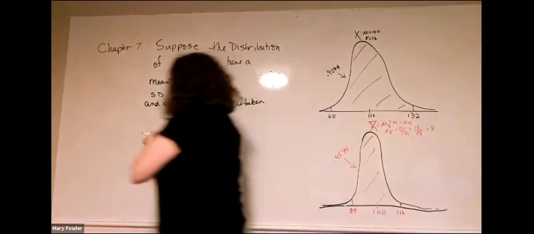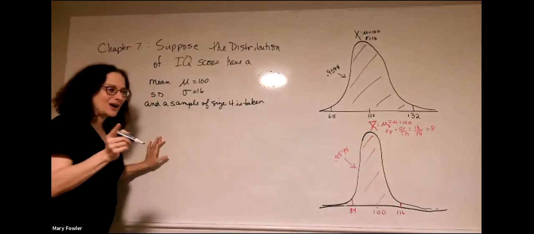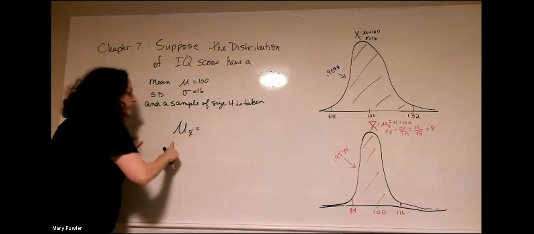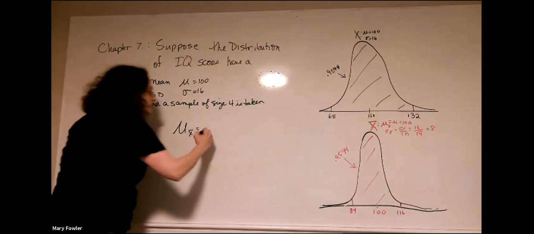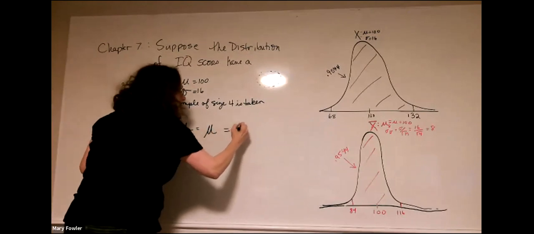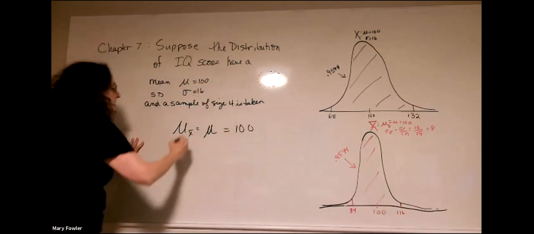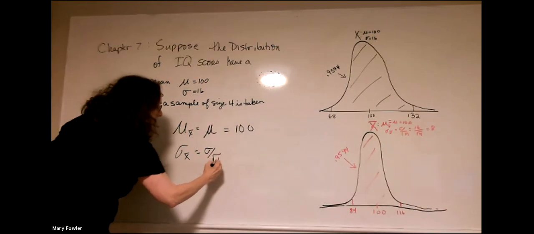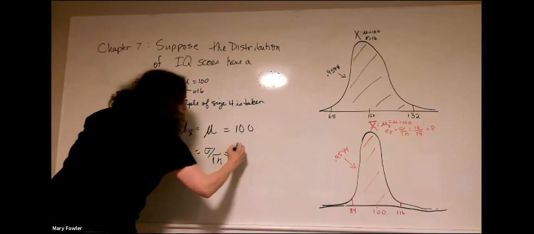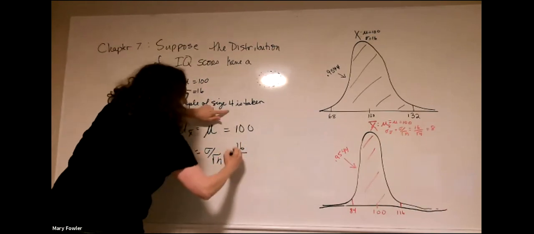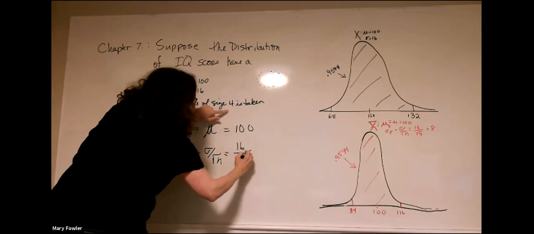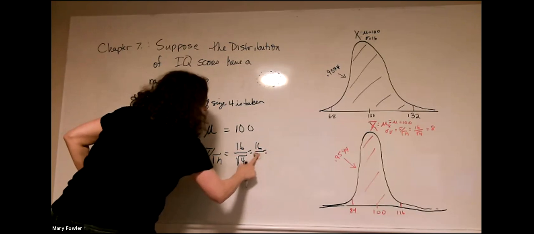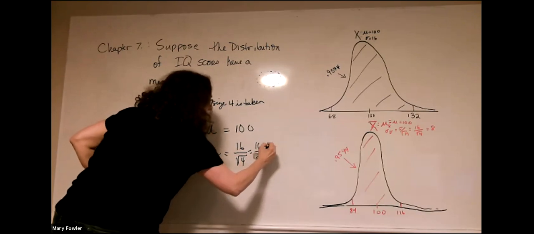Okay, so we have from the formulas that we just saw on the formula card, mu sub X bar, the mean of the distribution of the sample means, is equal to mu, and in this case, that's 100. Sigma sub X bar is equal to sigma over the square root of n, 16 over the square root of 4, 16 over 2, or 8.